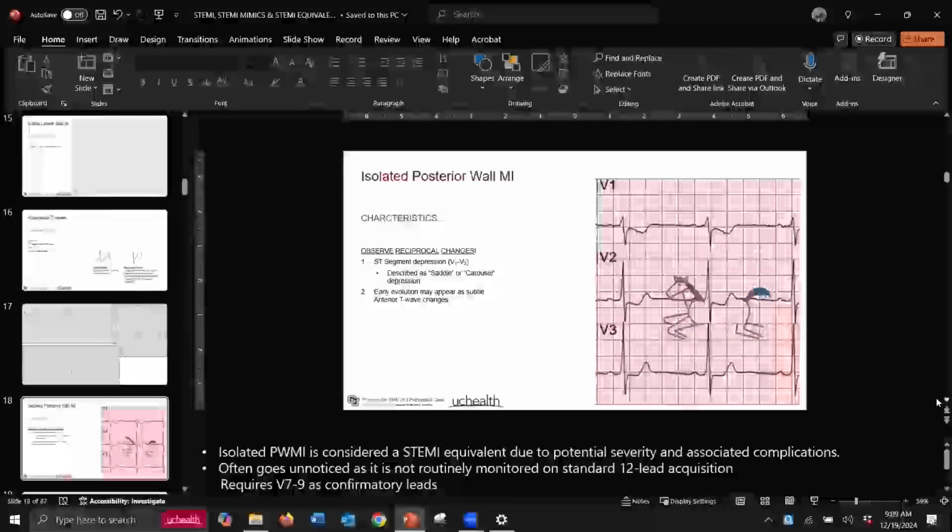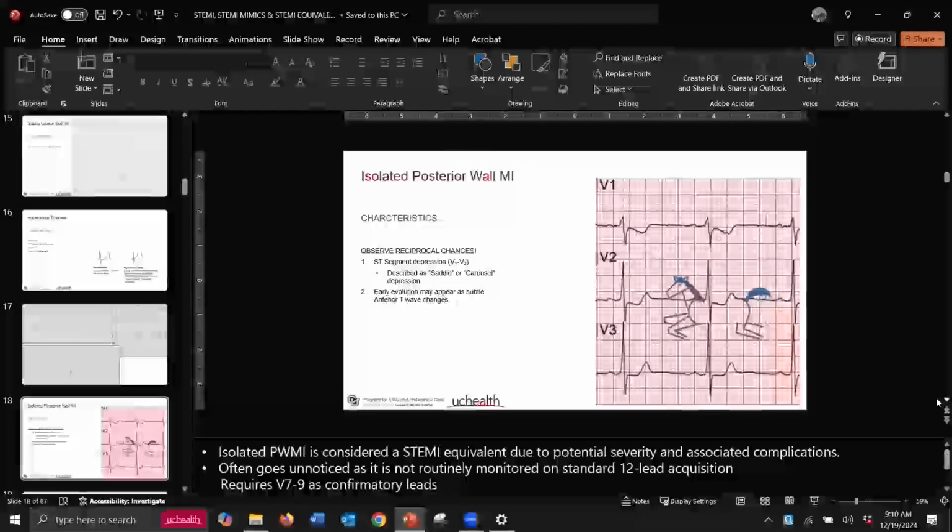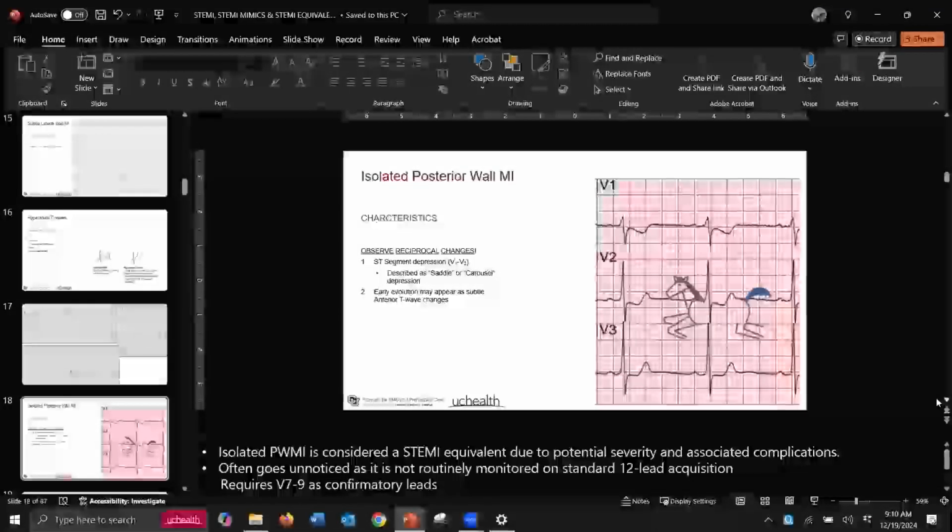Isolated posterior wall MI. I believe it was Justin that had the questions with this, right? Yes, sir. So isolated posterior wall MIs are really one of the most missed MIs, because much like the subtle lateral wall MI, they're really kind of anticlimactic. You see a little bit of ST depression in V1, V2, possibly V3.